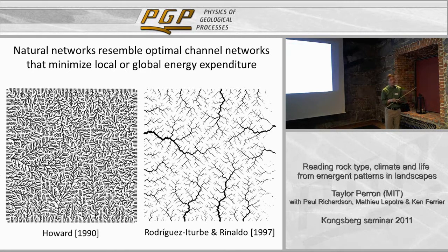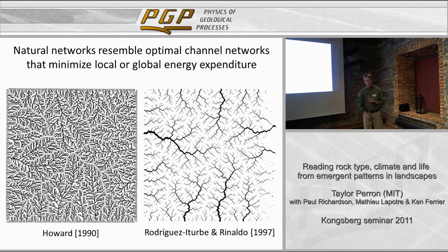What this doesn't tell you, though, is what the mechanical processes are that generate these networks. It's a static statistical description, so it doesn't tell you about how the networks evolve over time, and therefore doesn't let you make hindcasts or forecasts about how landscapes evolve in response to changes in these major factors I mentioned at the beginning.